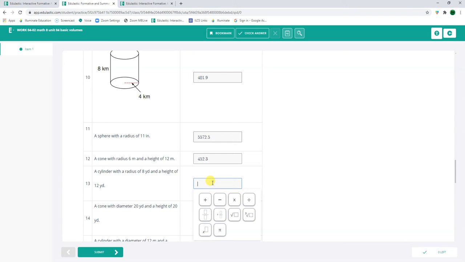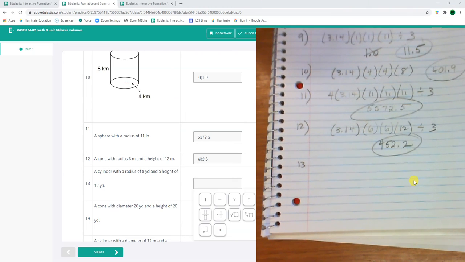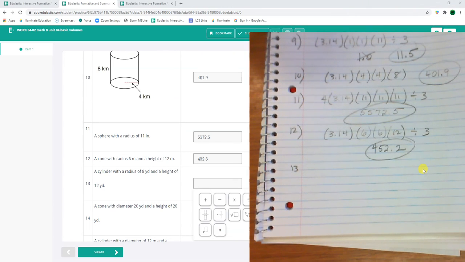Number 13. Oh my goodness, you guys can't see what I've been writing, have you? Because I moved it off the way. Sorry about that. Number 13, a cylinder with a radius of 8 and a height of 12.